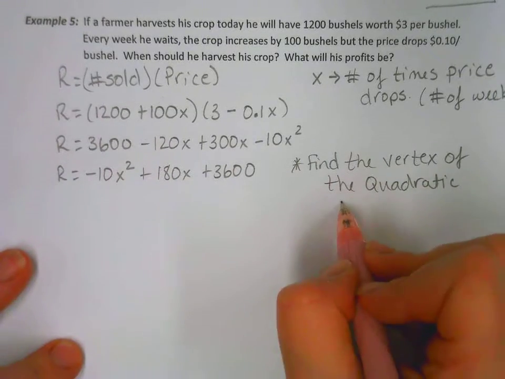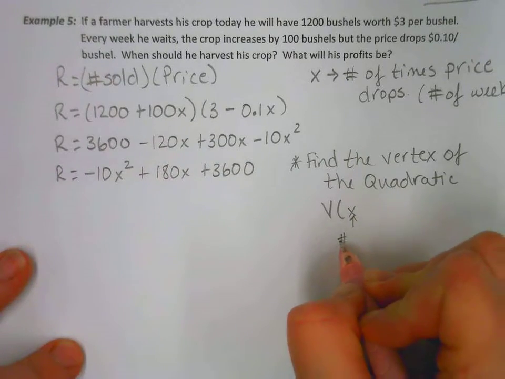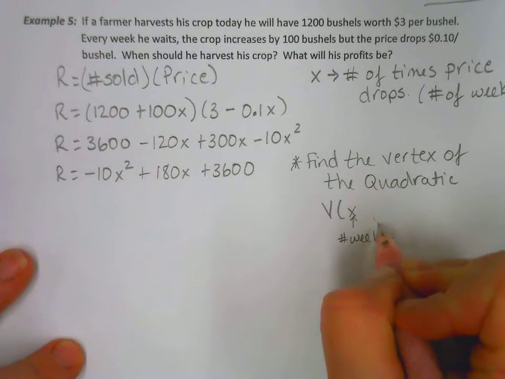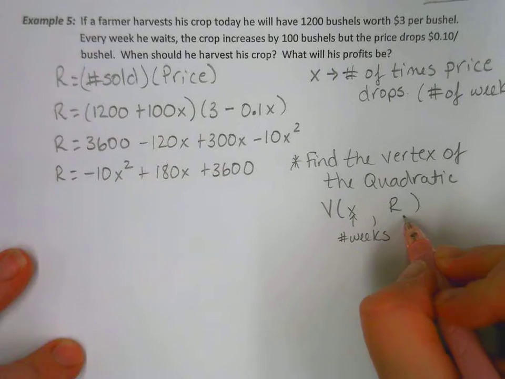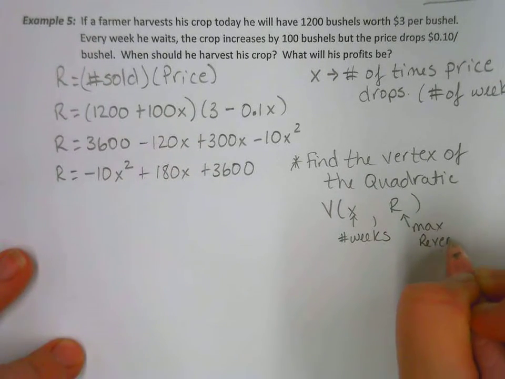And remember, the vertex in this case is going to represent X, which is number of weeks, comma R, which is maximum revenue. So this is what we're looking for.